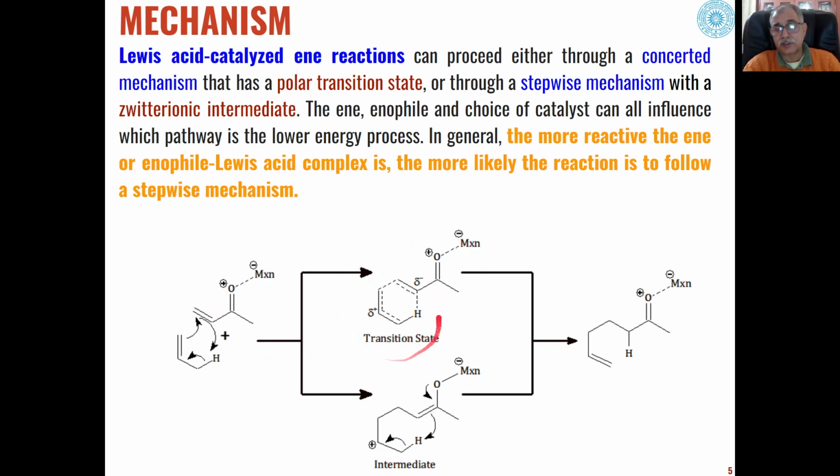This type of transition state will be more stabilized, because here this carbon has a delta negative charge and this oxygen has a positive charge. Similarly, if a stepwise mechanism is to take place, then a zwitterionic intermediate of this type is formed, and ultimately this will lead to the formation of the product.